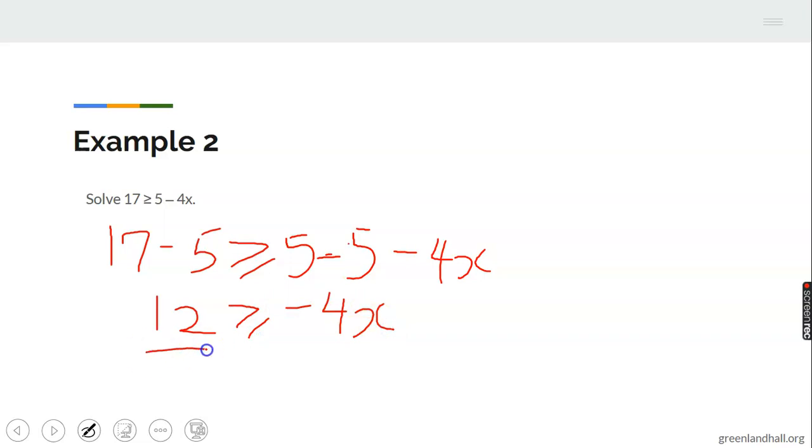Divide through by minus 4. What do you have? Since you are dividing by a negative, you will have minus 3, and the inequality sign will change from greater than or equal to, to less than or equal to x. So that means minus 3 is less than or equal to x.